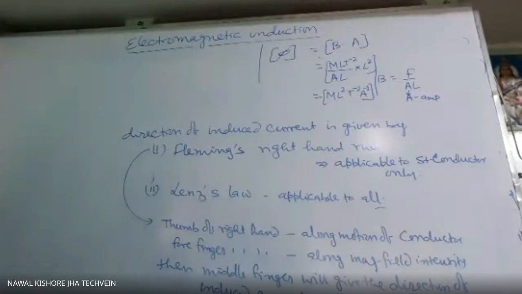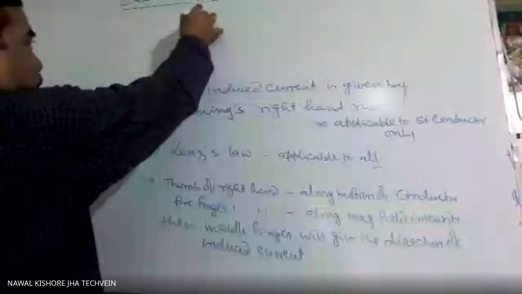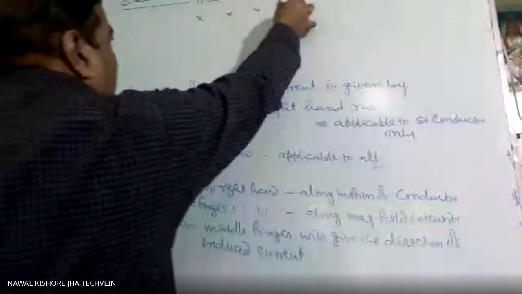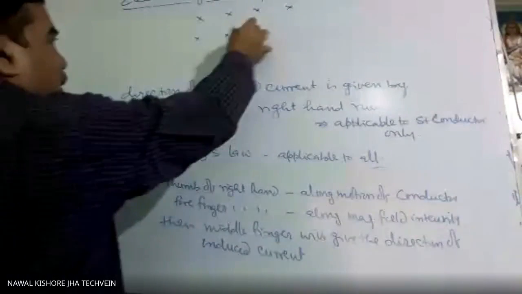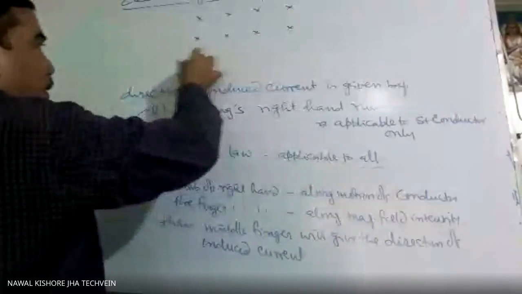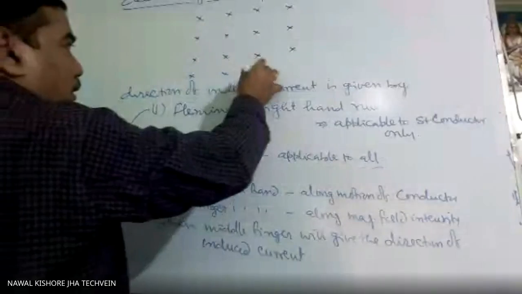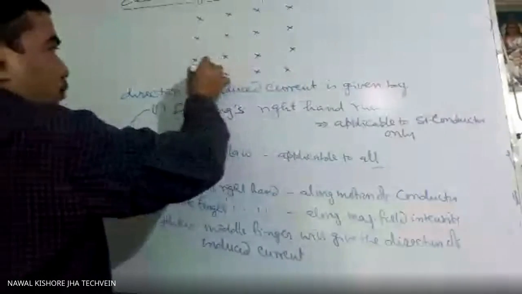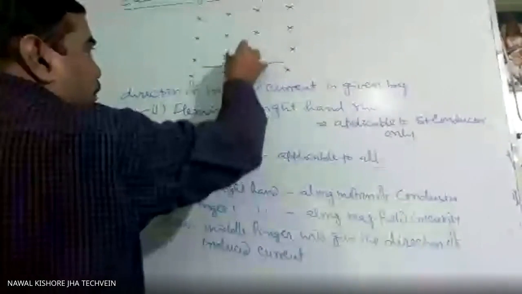Now we'll see some examples. Shift the camera a little downwards, sir. Now suppose we have a magnetic field directed into the page, and there is one conductor which is moved in this direction.